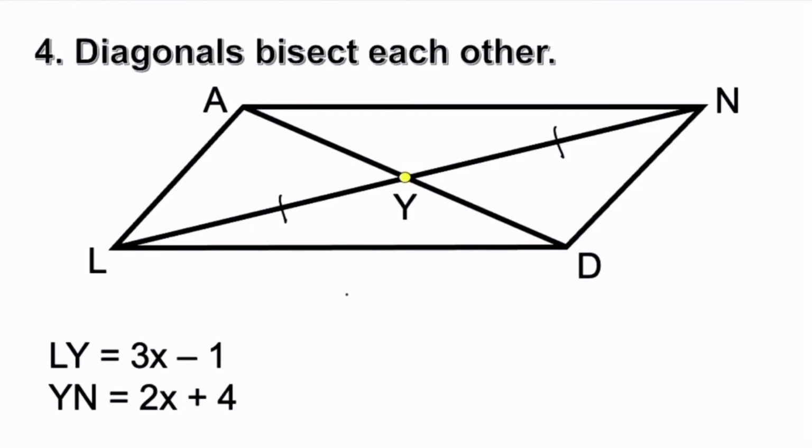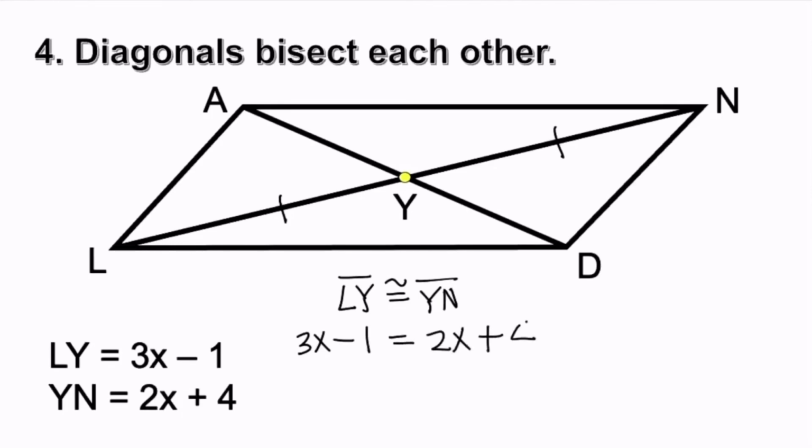So, sulat natin, segment LY is congruent to segment YN. Sila ay congruent, meaning to say, ang kanilang measures ay equal. So, LY is 3x minus 1. At ang segment YN ay 2x plus 4.